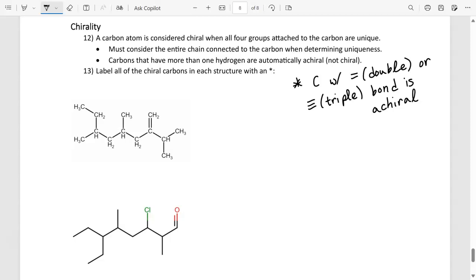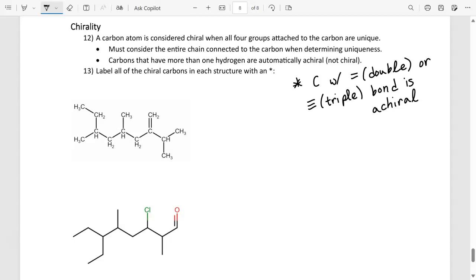Okay, so anytime that a carbon has multiple hydrogens or has a double bond, it's automatically achiral because it's not going to have four unique groups, and with double or triple bonds, it's not even going to have four groups. It's only going to have three or even two.